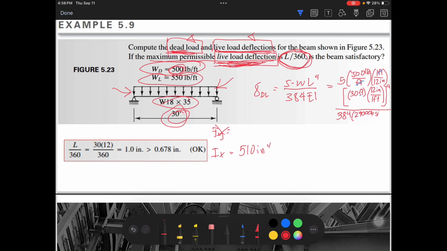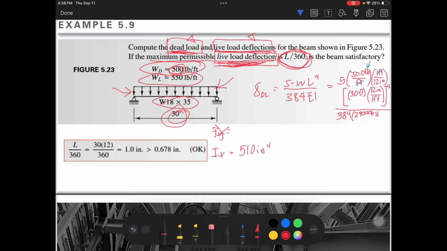Tatandaan nyo yung consistency ng units. 29,000 KSI is in kips, pero yung load natin naka-pounds. So, convert mo si kips. Buti na lang yung KSI naka-inches na, so hindi mo na kailangan i-convert yung inches.